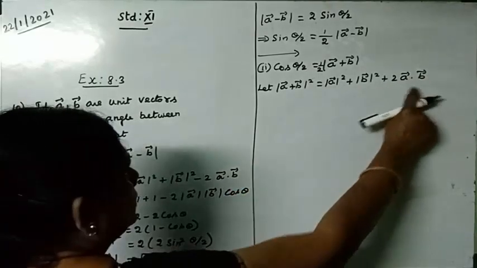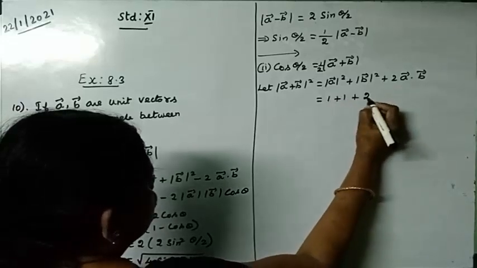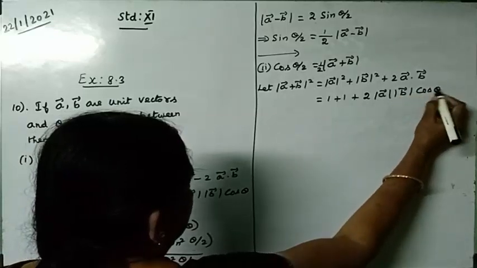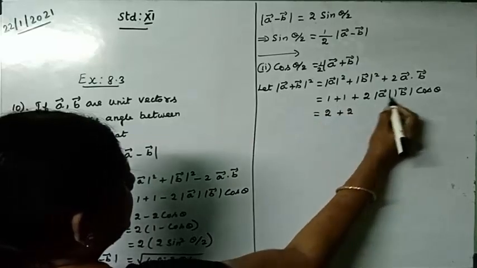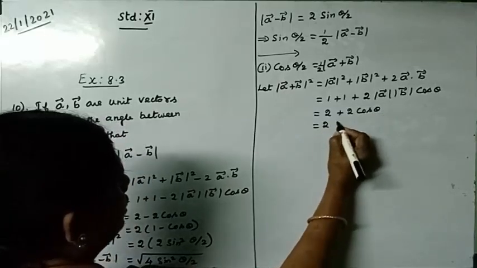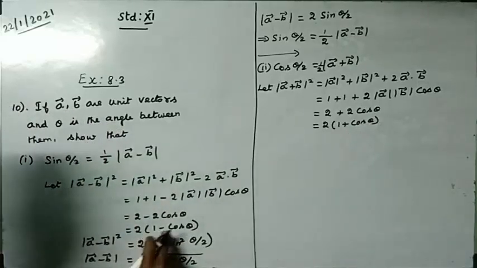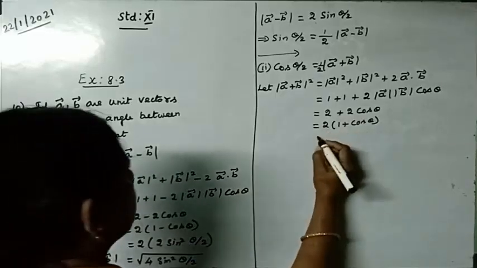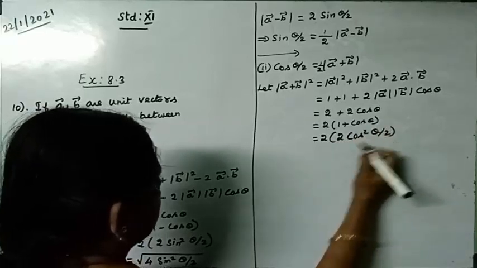Substitute the definition. These are all unit vectors, therefore 1 plus 1 plus 2 mod A mod B cos theta is the formula. Which is equal to 1 plus 1 is 2, plus 2, A B value is 1, 1 into cos theta is cos theta. Take 2 as common factor, it becomes 2 into 1 plus cos theta. Earlier for 1 minus cos theta I used 2 sin square theta by 2. Now for 1 plus cos theta, 2 cos square theta by 2 is the formula.